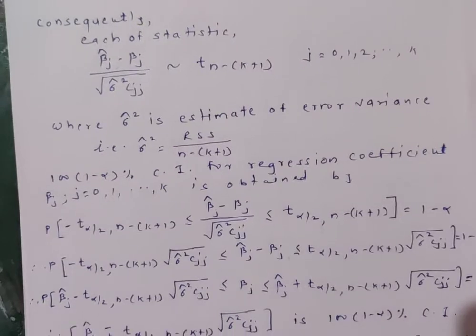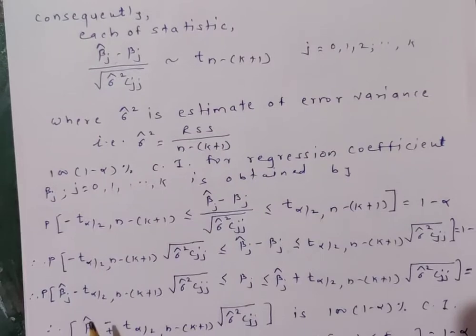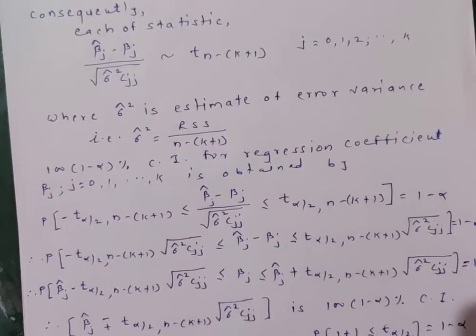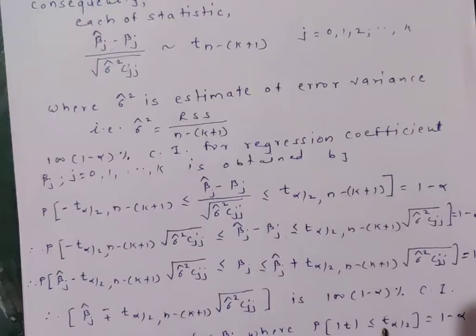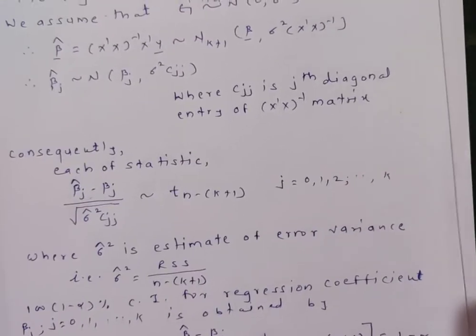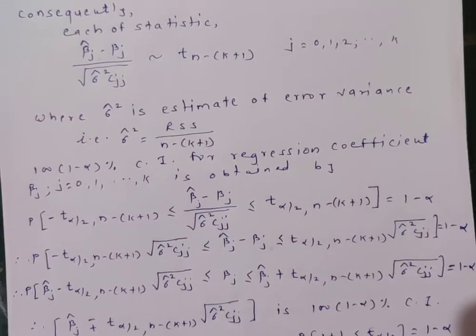So our confidence interval for beta j is beta j hat plus or minus t alpha by 2 comma n minus k plus 1 times square root of sigma hat square Cjj, where the probability of modulus of t less than or equal to t alpha by 2 is equal to 1 minus alpha. That is my confidence interval for beta j.